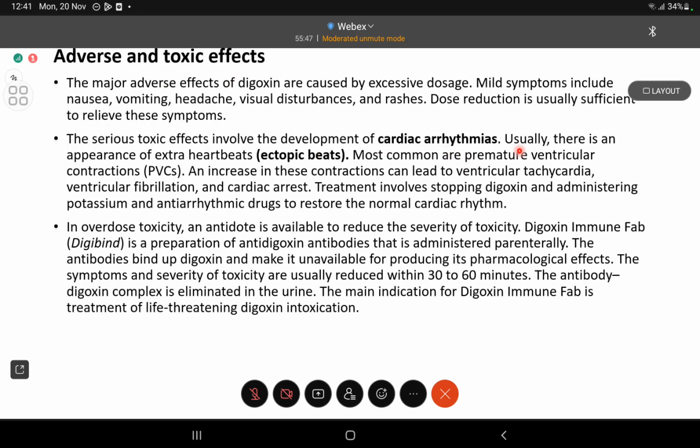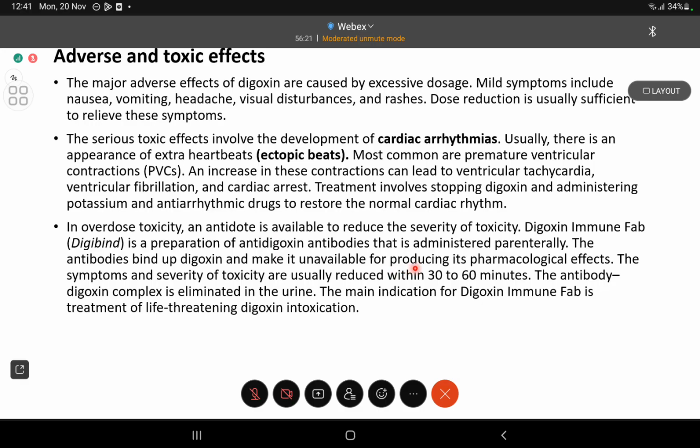What you expect is cardiac arrhythmia. Okay, you might have atrial ectopic beats, which means an extra beat found in your ECG. Once you have overdose toxicity, what you need to do is inject Digifab. It's an antibody, a monoclonal antibody, which is able to bind the digoxin so as to reduce the bioactivity of your digoxin.